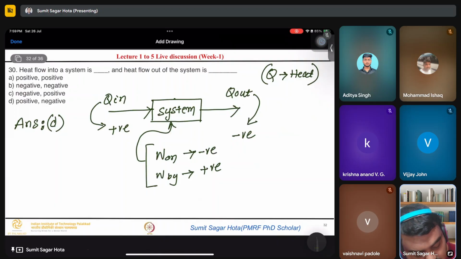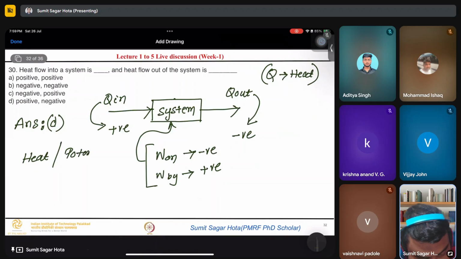And one more thing you should also note: heat always flows, also, if you can relate it with electrical energy, electrical engineering or potential.